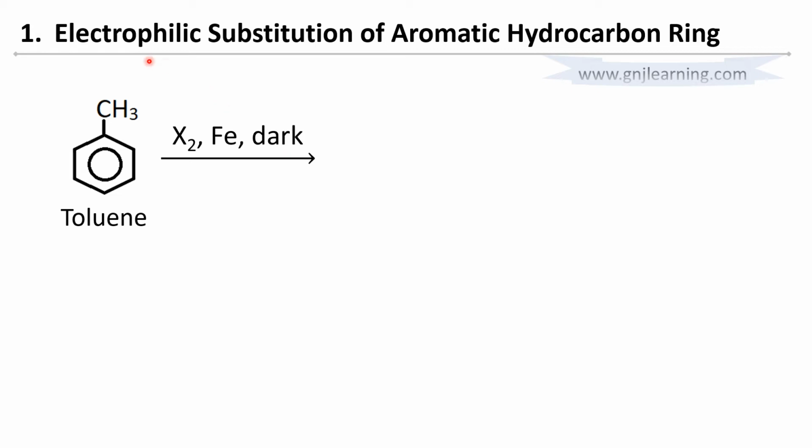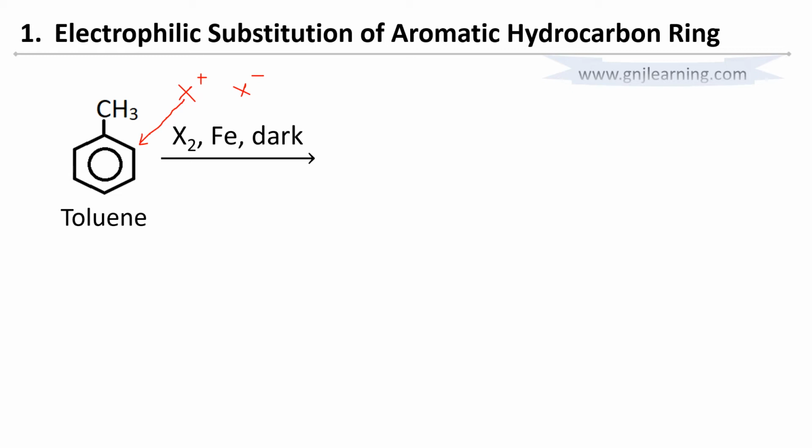Here the true meaning of electrophilic substitution comes in this type of reaction. X2 will split into X plus and X minus, as we saw in the last slide, and X plus will attack the electrophilic center on this compound.